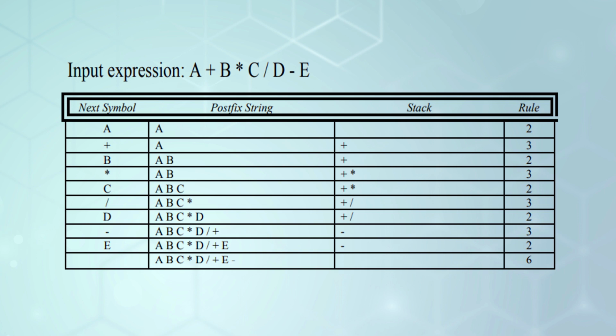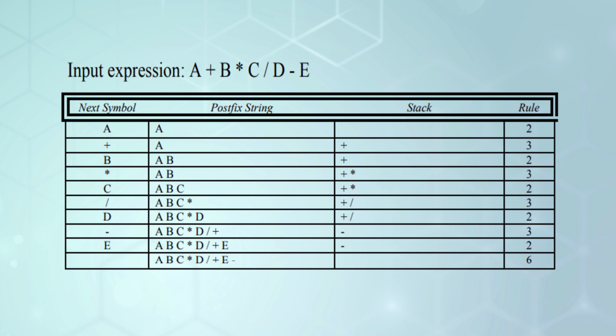Next symbol scanned is plus, an operator, so it will be pushed into the stack. B is an operand, so it will be added to the postfix string. Asterisk is an operator with higher precedence than plus, so it will be pushed into the stack. Now C will be added to the postfix string.